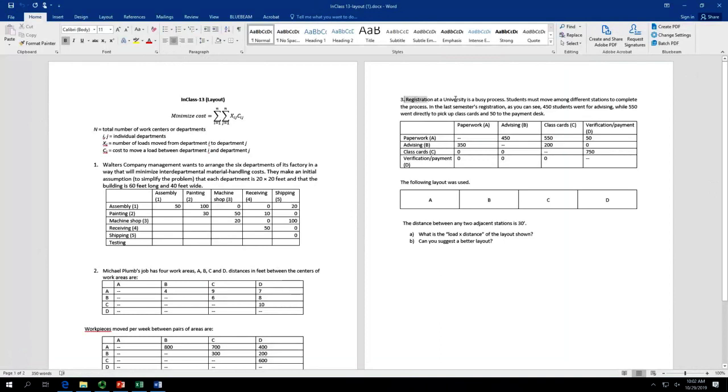So this is a registration at a university.